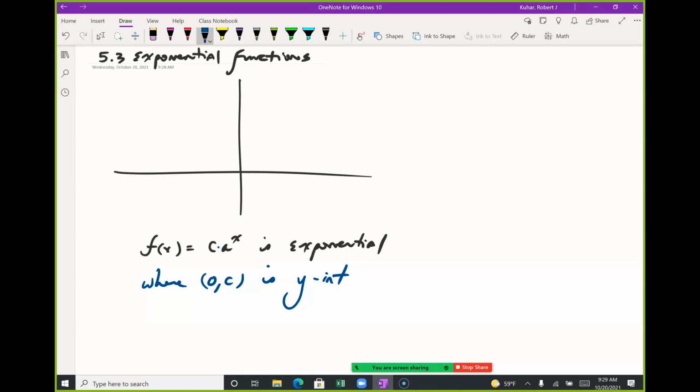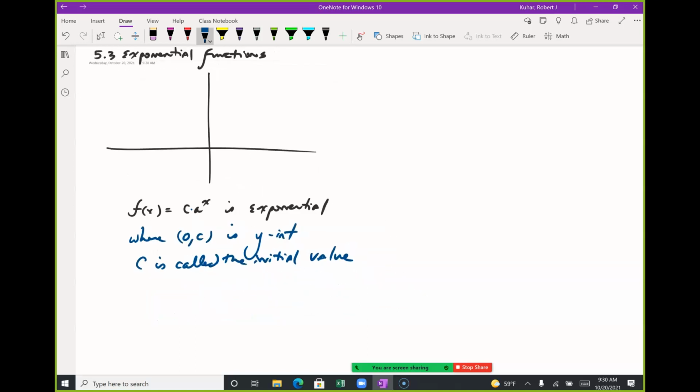They call c the initial value. a is a real number not equal to 0 or 1.